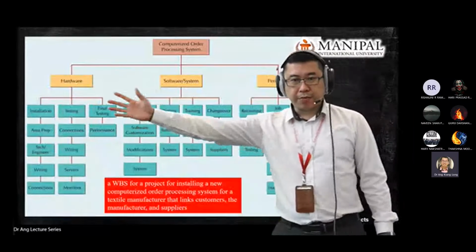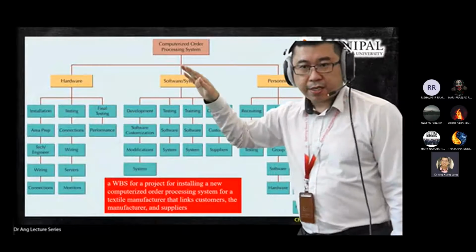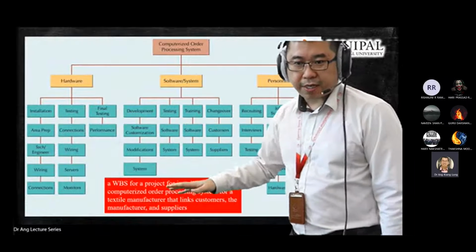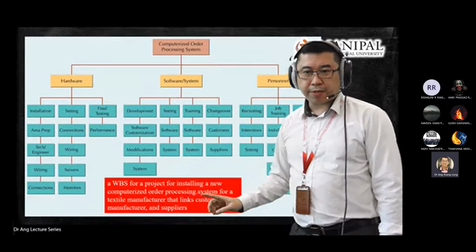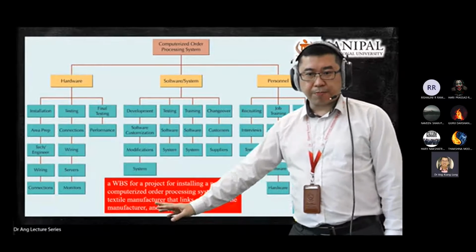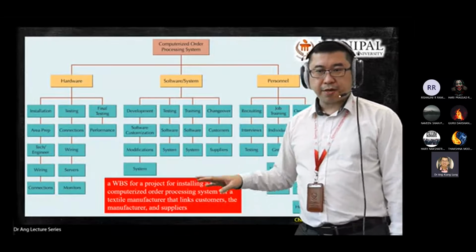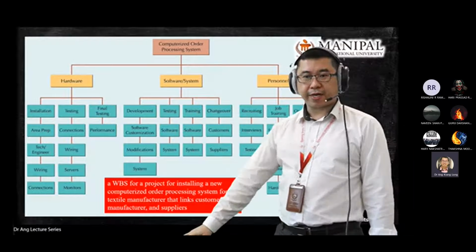So this is an example of WBS. This is an example of a computerized order processing system in manufacturing. You can see higher hierarchy and lower hierarchy.